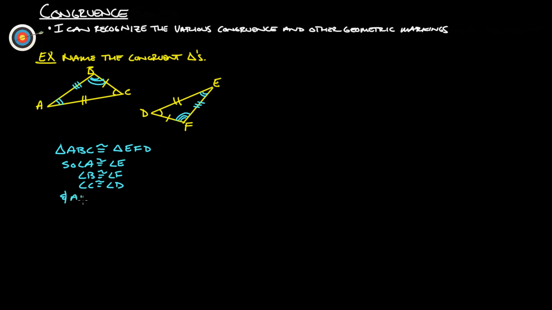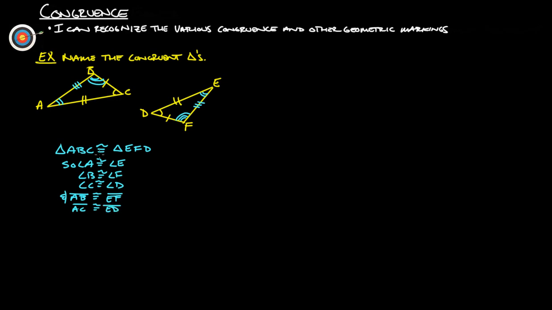So AB is congruent to EF, right? And then also AC is congruent to ED, right?